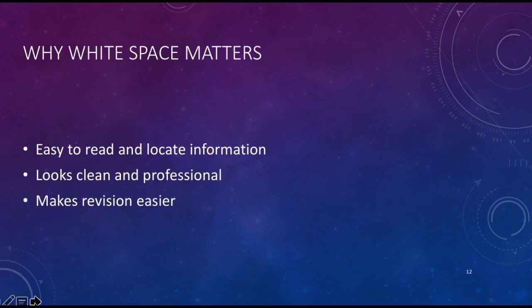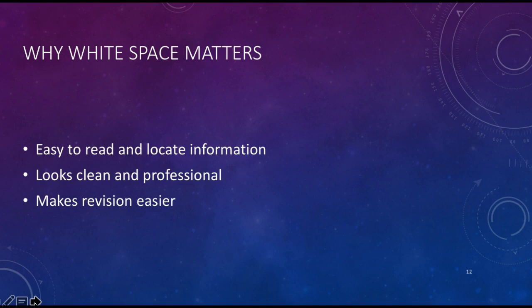So white space. White space is also important, and white space is not necessarily white, although it can be white, but it's the blank space on a page. So for example, to the right of this page, you see on the right side, it's blank. And by leaving that blank, it gives you a clean sense of design, of organization.